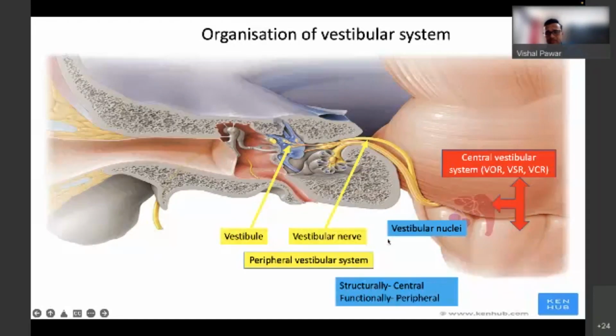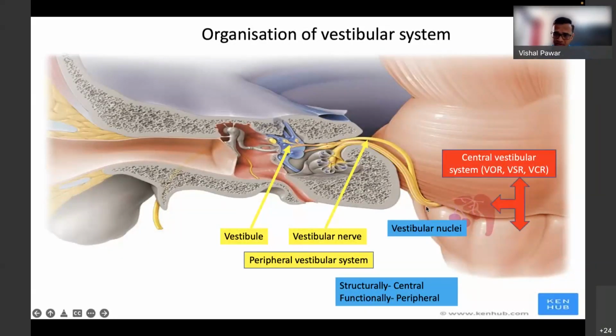So the vestibular signal from here goes to various systems: autonomic system, limbic system, cortex, cerebellum, ocular motor nuclei, spinal cord, and these vestibular nuclei inform everyone in the brain.